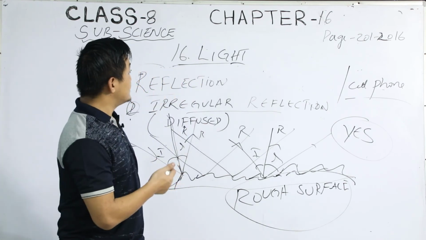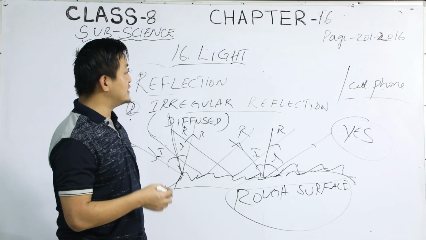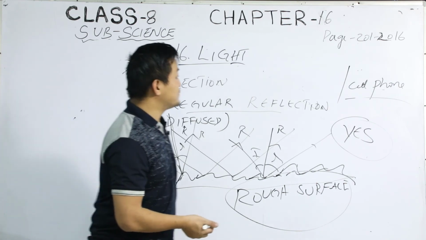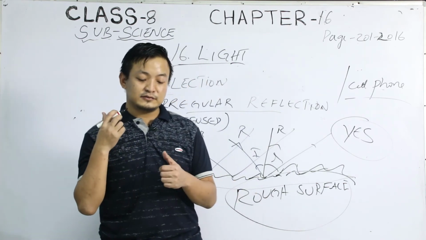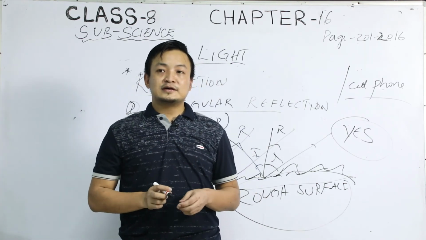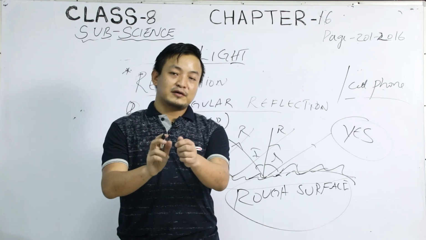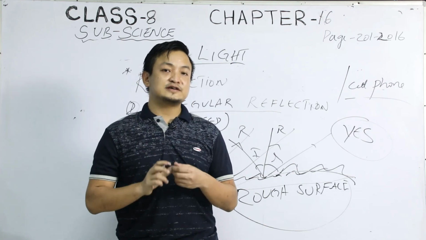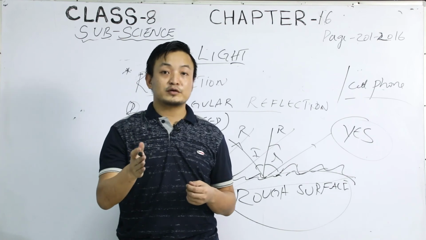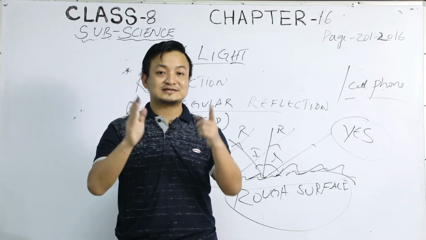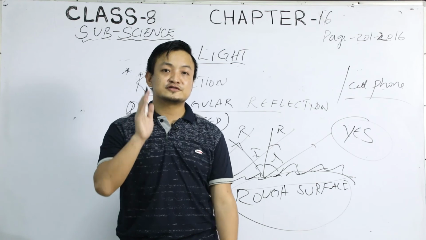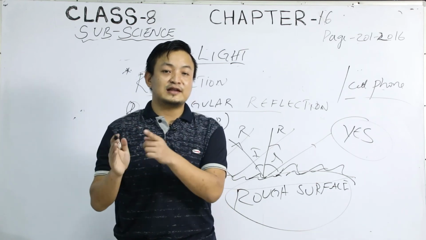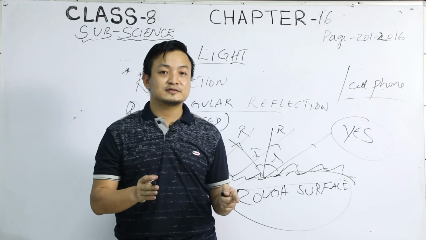Clear? Now the last topic for today would be lateral inversion. The most common example is a plane mirror, the mirror that you have at home. If you focus there, the right appears to be left and the left appears to be right.